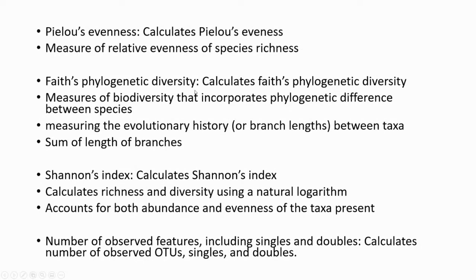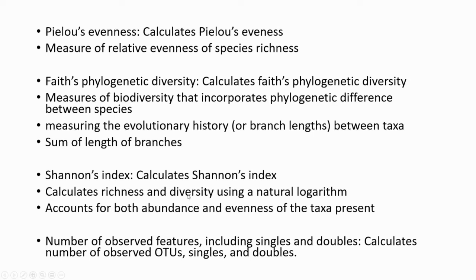Faith's PD calculates the phylogenetic diversity. It's a measure of biodiversity that incorporates the phylogenetic difference between species, so it measures the evolutionary history between the taxa. And the Shannon index calculates richness and diversity.